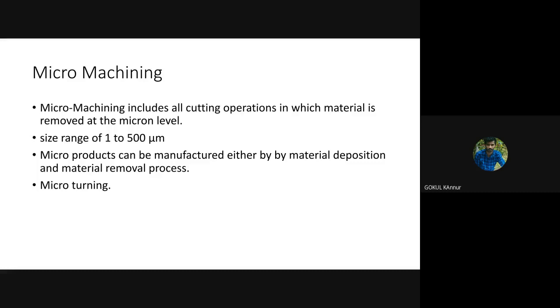In the earlier cases, we have seen the forming operations, but we cannot call those machining because the material is not being removed. It is just plastically deformed to the final product. In micro machining, by the term machining, we refer to any process where the final product can be made by removing the excess material.